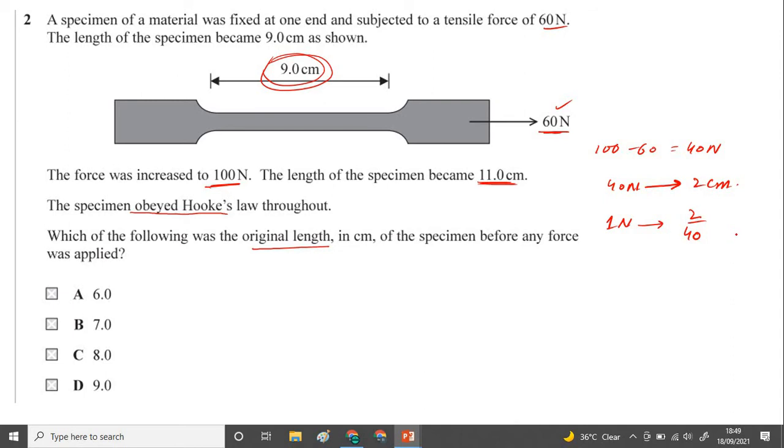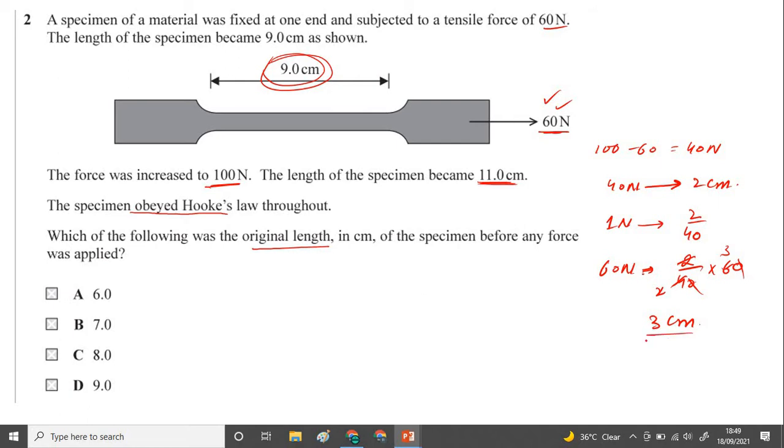So what about 60 Newton? For 60 Newton we have an extension of 2 upon 40 times 60. If you solve this, the answer is 3 centimeter.